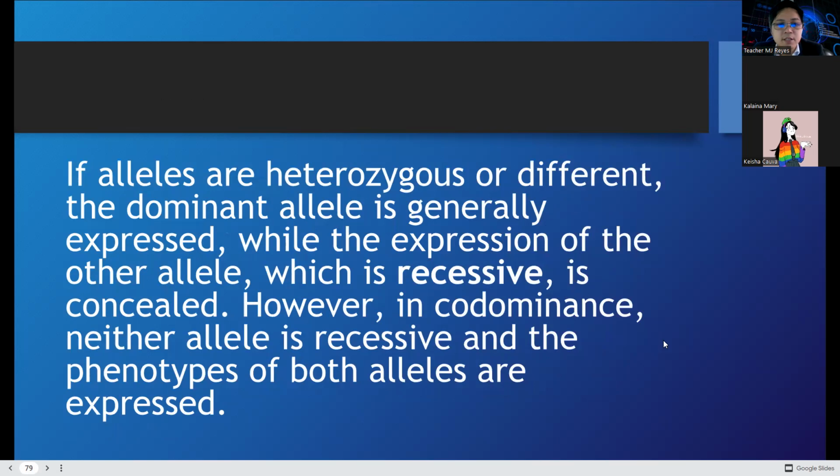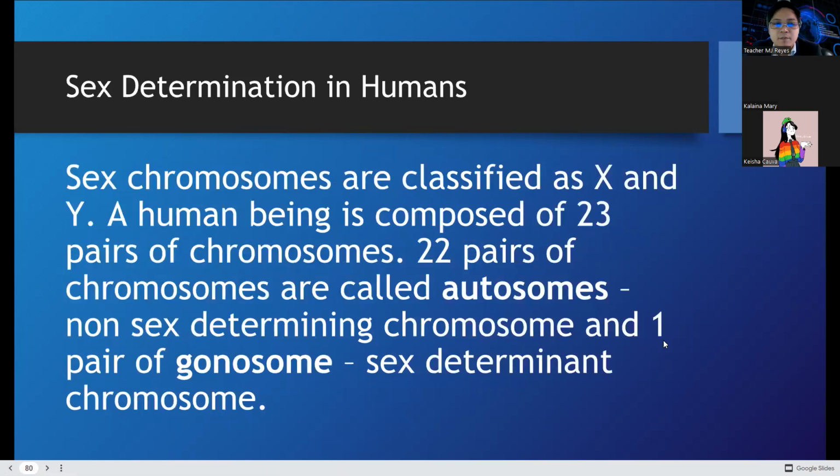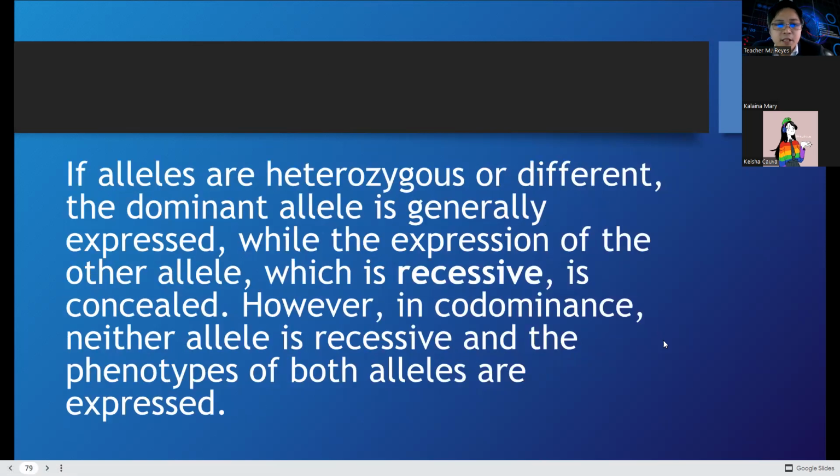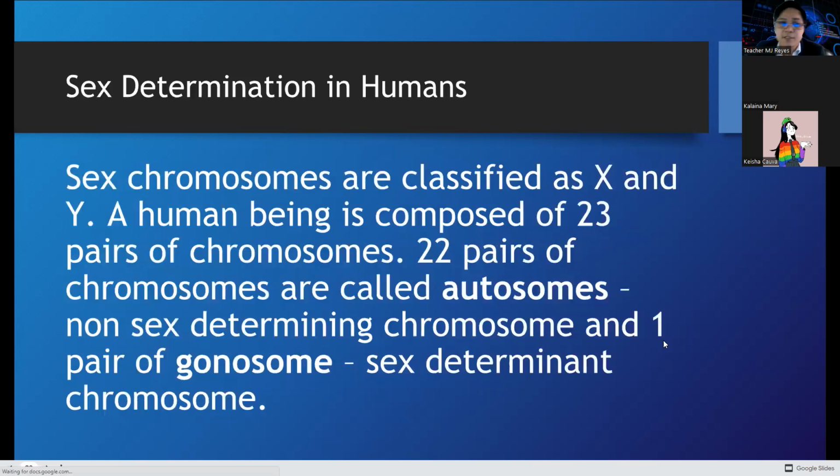However, in codominance, neither allele is recessive and both alleles are expressed in the phenotype. I'll be discussing this more in the succeeding slides.